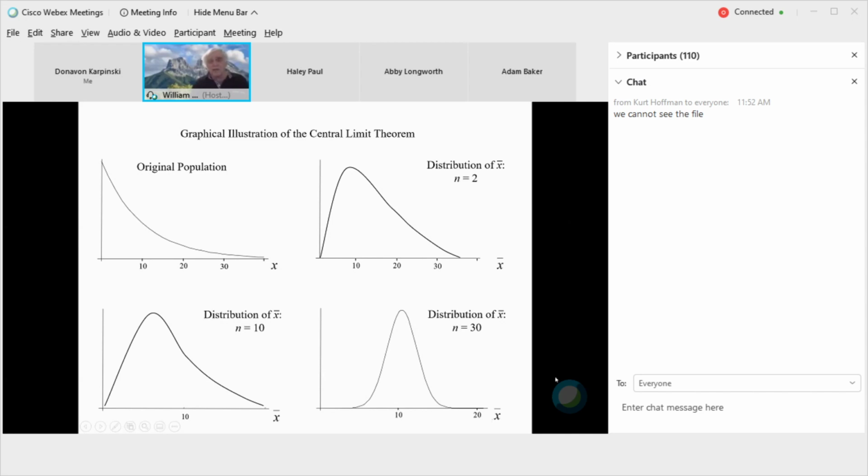For n equal to 30, it has almost a normal distribution. So even though the population is quite different from being normal, you can always make the assumption that for large sample sizes, X bar should have come from a normal distribution.